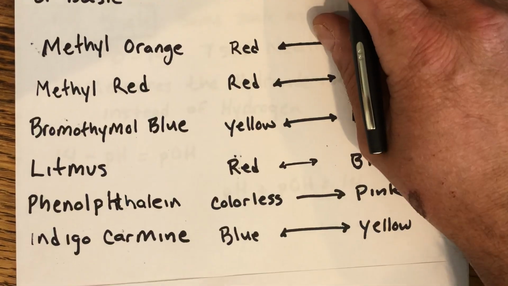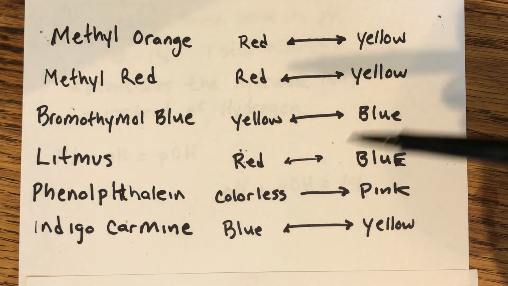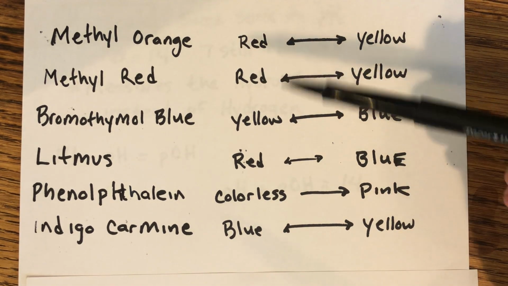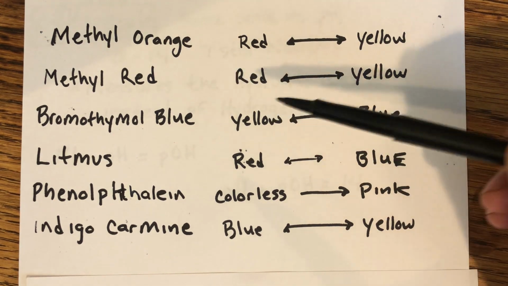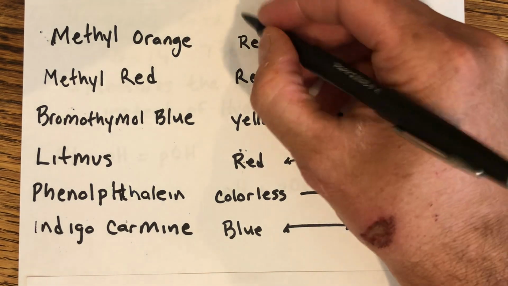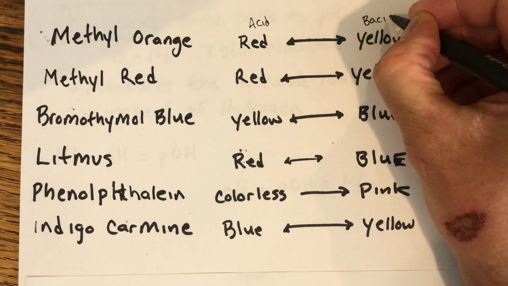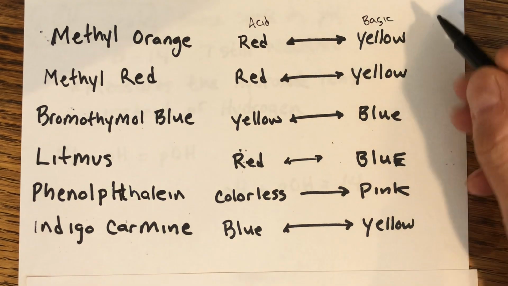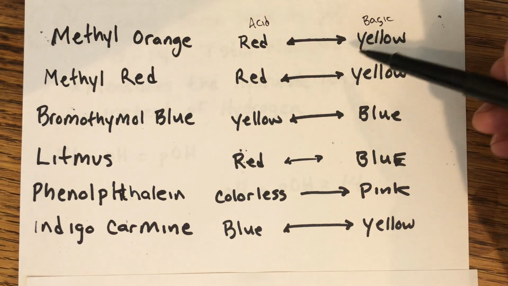So here's a list of some of these indicators that are pretty commonly used, some way more than others, of course, but methyl orange and methyl red, they indicate red and yellow in terms of being acidic or basic. And some of these indicators will not just be either red or yellow.